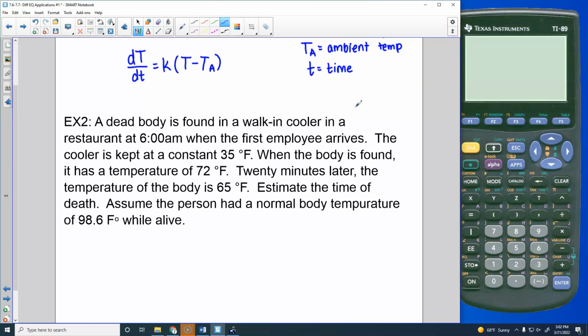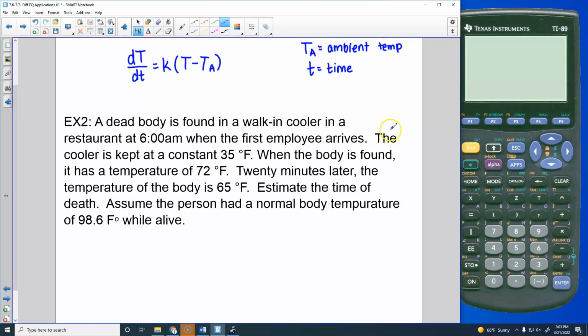Now, if you actually work on a forensic team, I don't think somebody is on scene doing this. They may have constants that they assume for people.